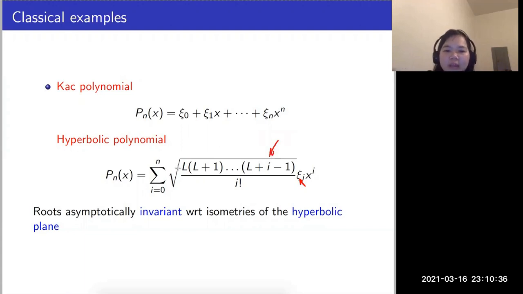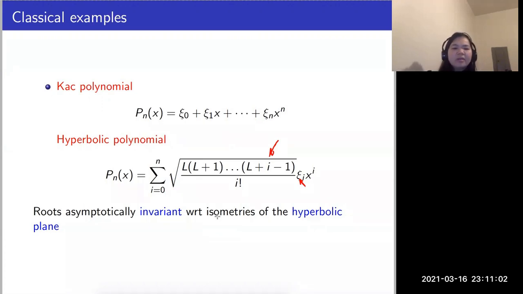L here is a constant. When L equals 1, then we get the Kac polynomial. These are important because the roots are asymptotically invariant under the isometries of the hyperbolic plane. And now why do people care about this polynomial?